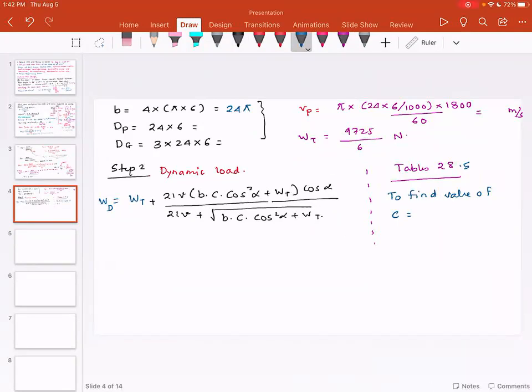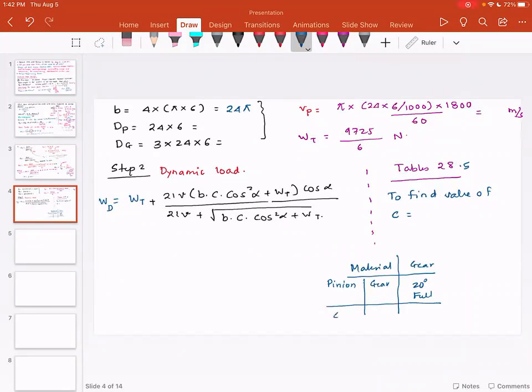So look at material, then it will talk about the gear. So ours is 20° full depth, and I want you to look at the pinion material and gear material.